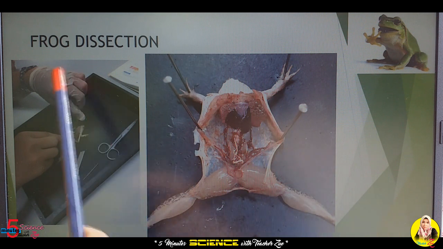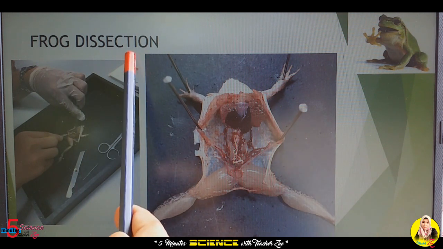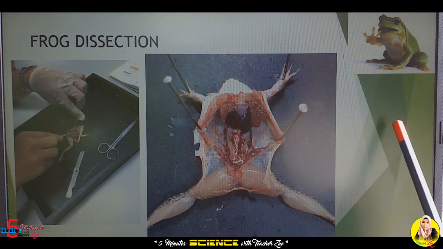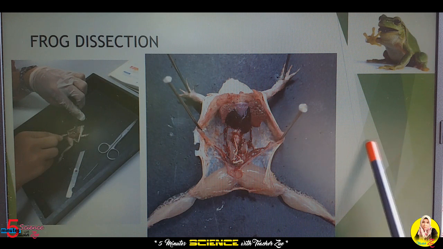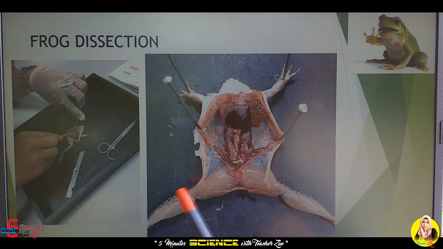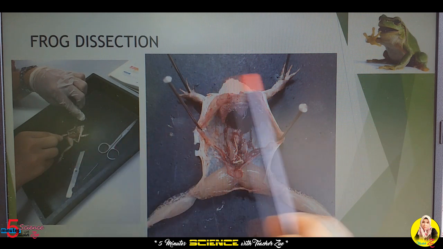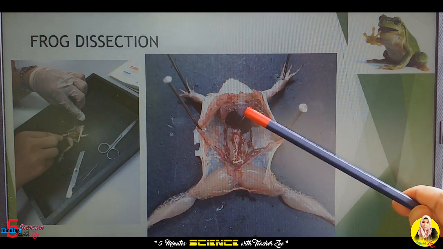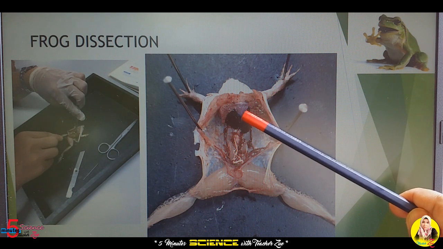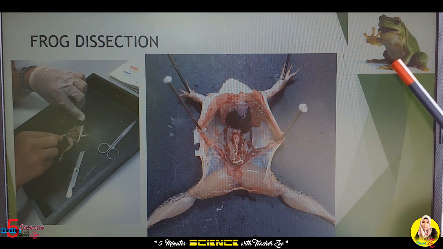Next, this is a frog dissection, also in my previous biology class. So this is the photo of students doing the frog dissection, and this is the heart of the frog. It is an amphibian.